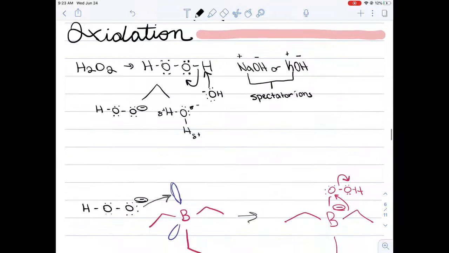Okay, so let's talk about the oxidation reaction. You start off with peroxide, and then you have either NaOH, KOH, lithium OH, any of those kinds of ions. Just take note that Na and K in these ions are going to be spectator ions, meaning that they are going to disappear in this reaction.